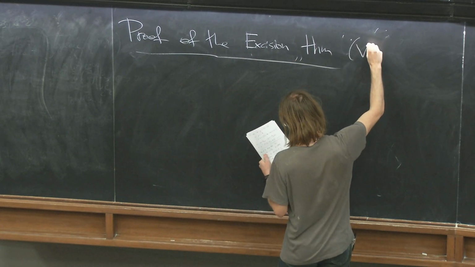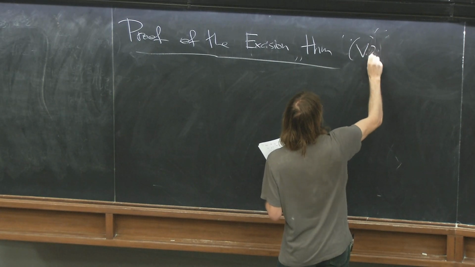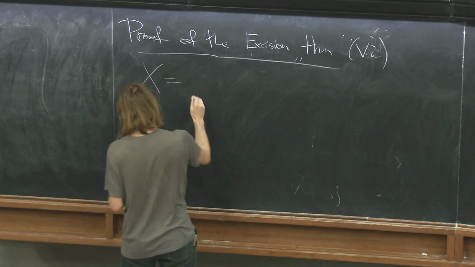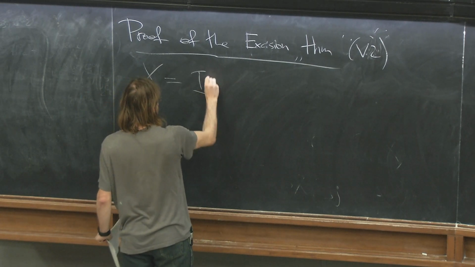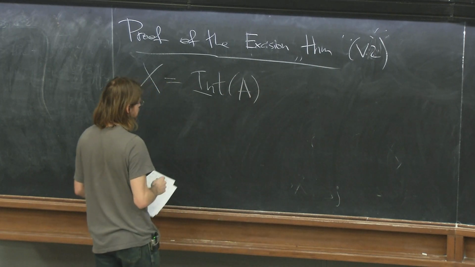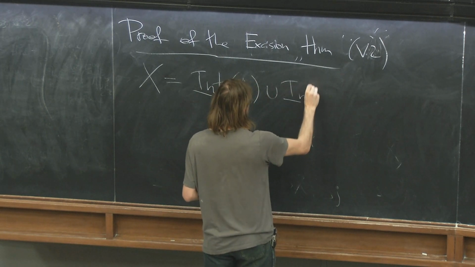And as I said, it's more natural to prove version 2. So in the setup of version 2, we have x containing A and B, covered by their interiors.